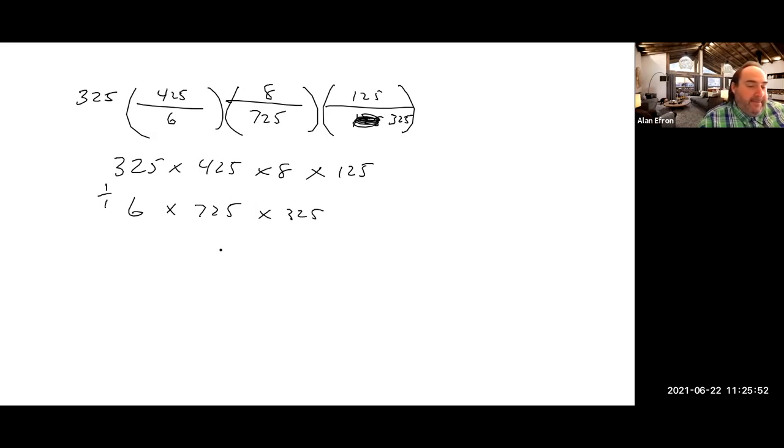Now, what happens when people go to punch all these things into their calculator is they don't want to wait, or want to do it all at once. So sometimes people will punch it in just like this: 325 times 425 times 8 times 125 divided by 6 times 725 times 325. And they'll end up with the wrong answer.